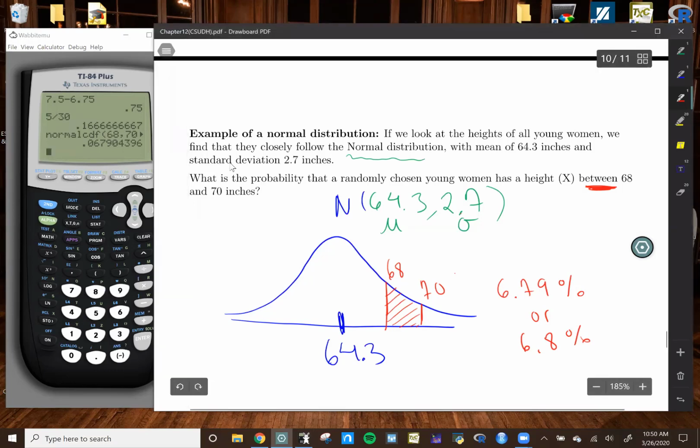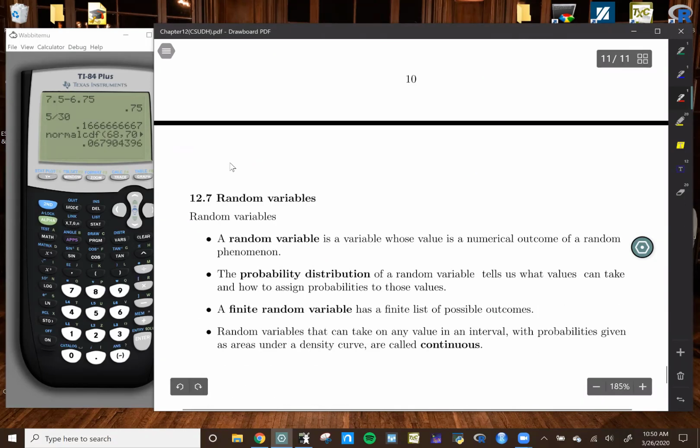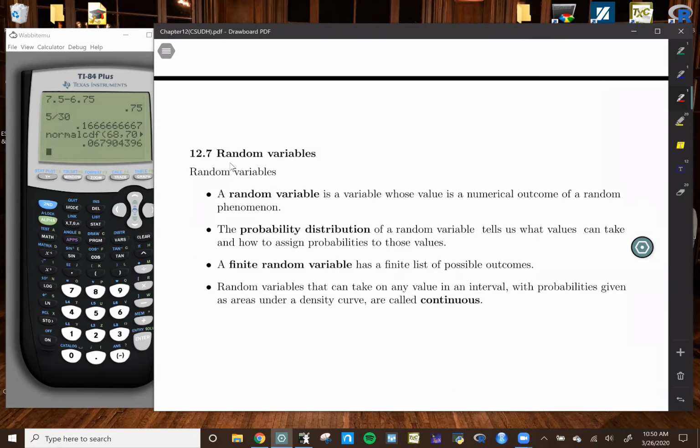All right, sweet. So we're gonna go over one last section and that's it. Okay, so for 12.7, you're talking about random variable. Whenever we're talking about random variable, we're always talking about the x variable, because the x variable, we could set it equal to any number.